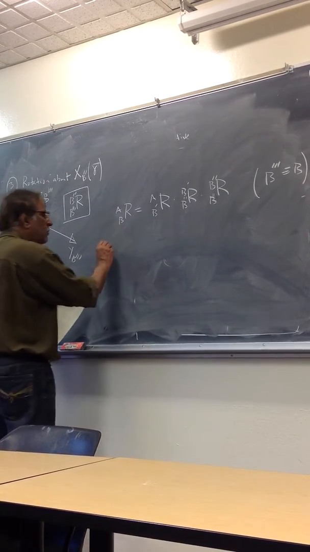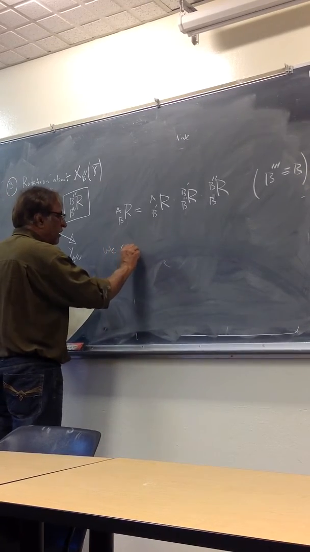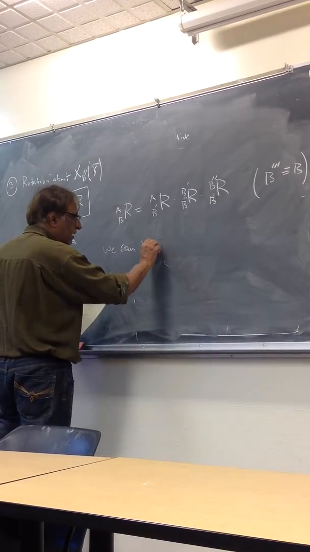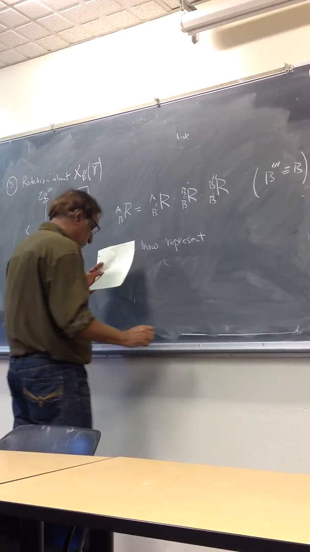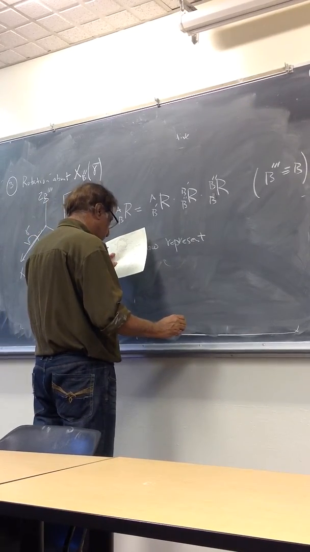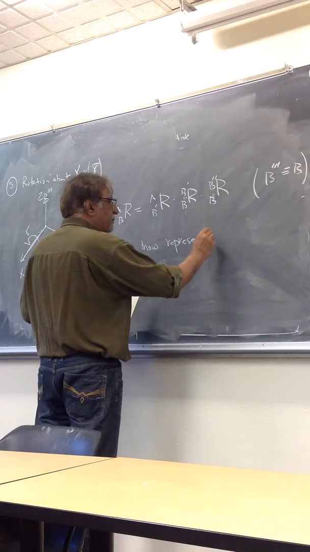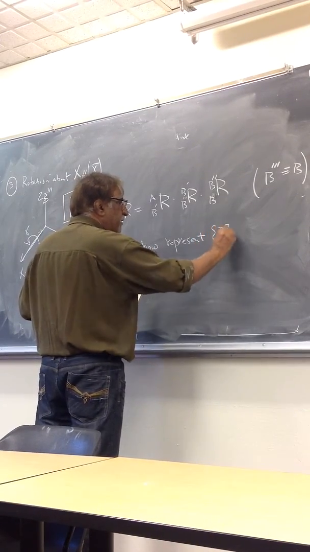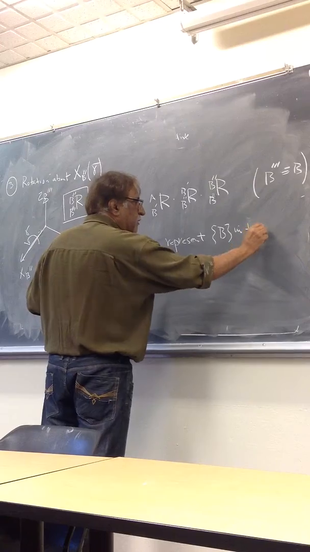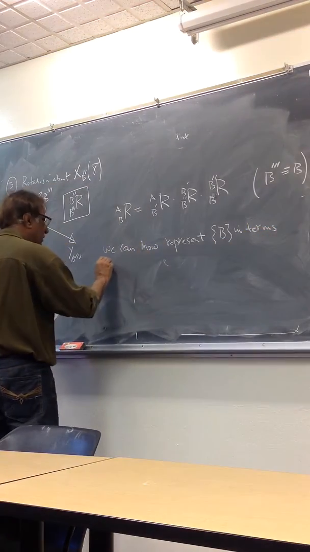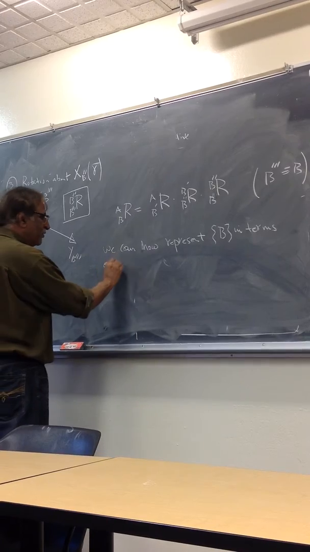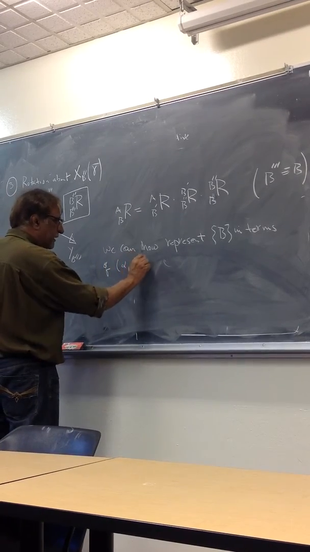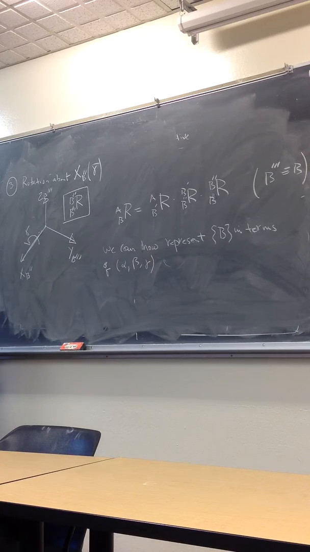So we can now represent B in terms of what? In terms of alpha, beta, and gamma, which is what we wanted to do to begin with, right?